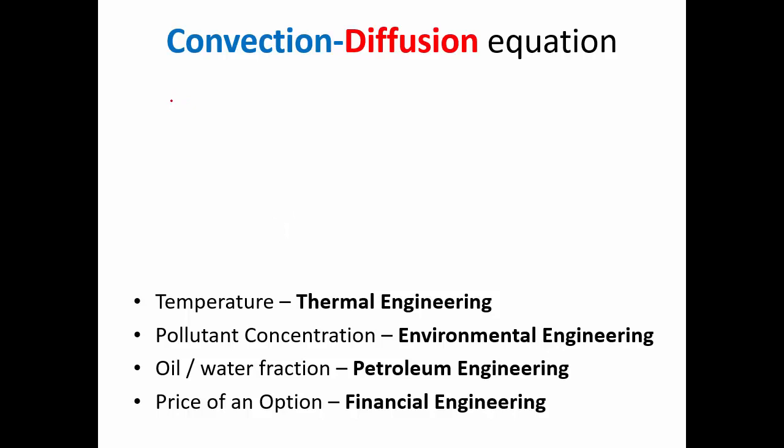So the convection diffusion equation is partial u partial t plus a capital U, which is a constant, while the small u is a function of space and time, times partial u partial x, is equal to kappa times partial square u partial x square.